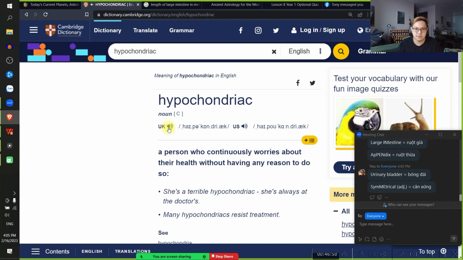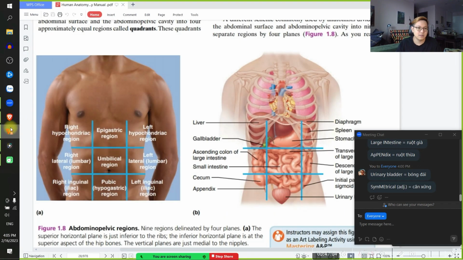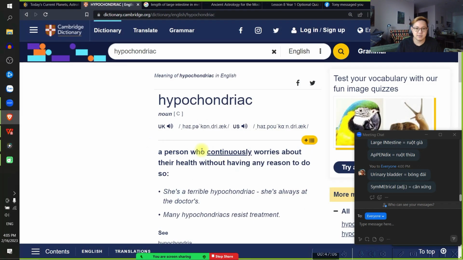Hypochondriac means a person who continues to worry about their health without any reason to do so. Hypo means below, lower in something.